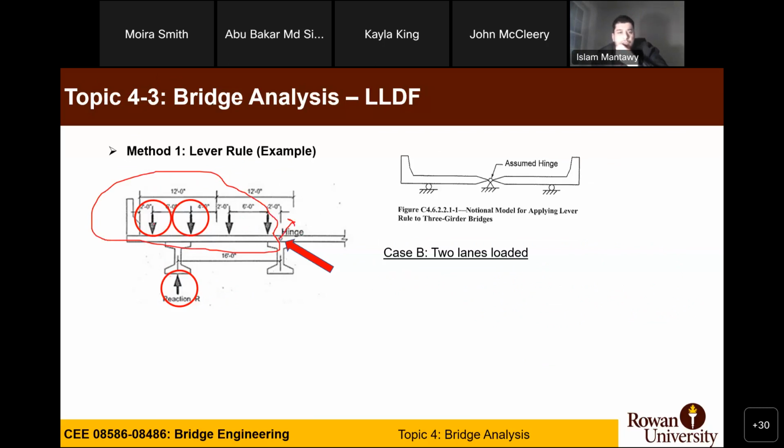Like the first wheel here is the same as before, right? 0.5 P times 20, correct? This distance from the hinge to the first one is 20, and plus 0.5 P times 14, similar as before, correct? What about the third wheel?